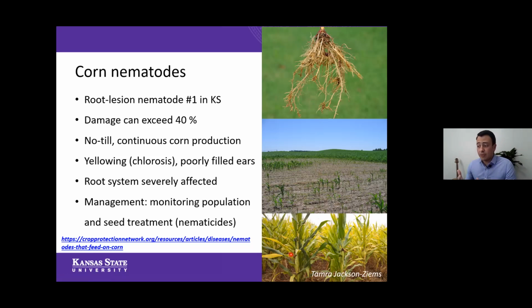For corn nematodes specifically, the best time for sampling is approximately 30 or 40 days after germination, when the plants are still small. You're going to collect one plant with the root and some soil and send it to the lab here at K-State. There will be more information about that too. Seed treatment targeting the nematodes is also an option if you know that you have corn nematodes in your area.